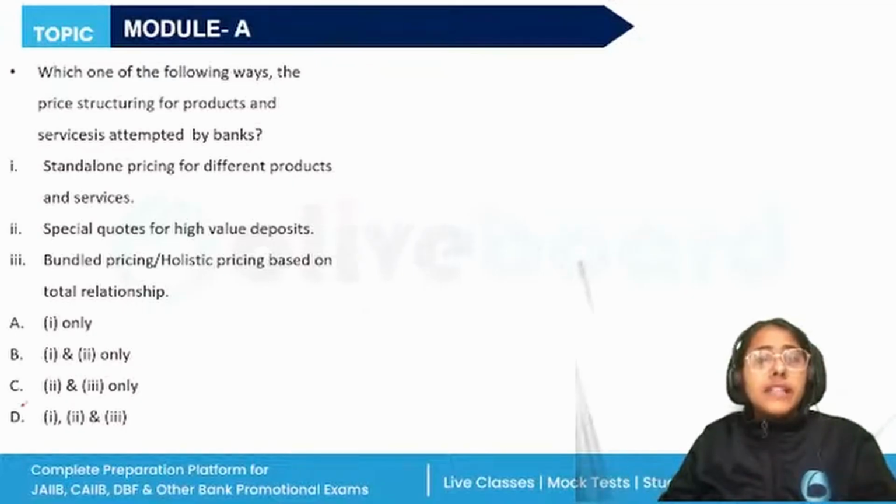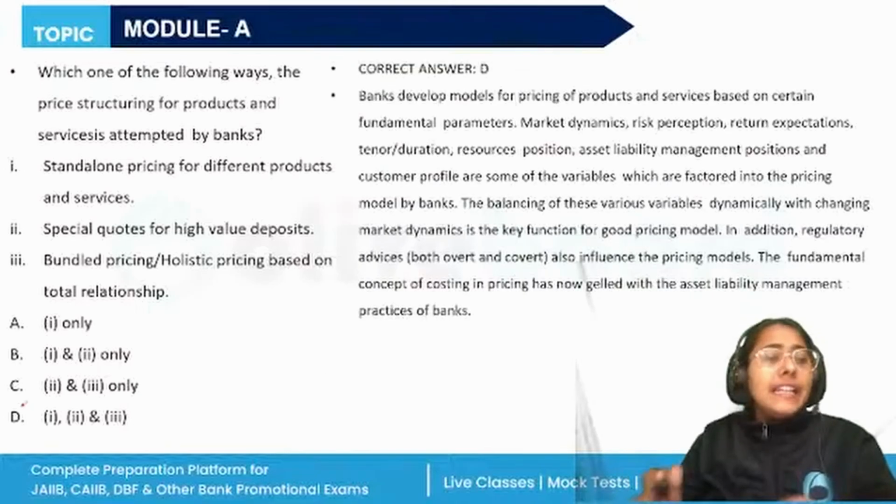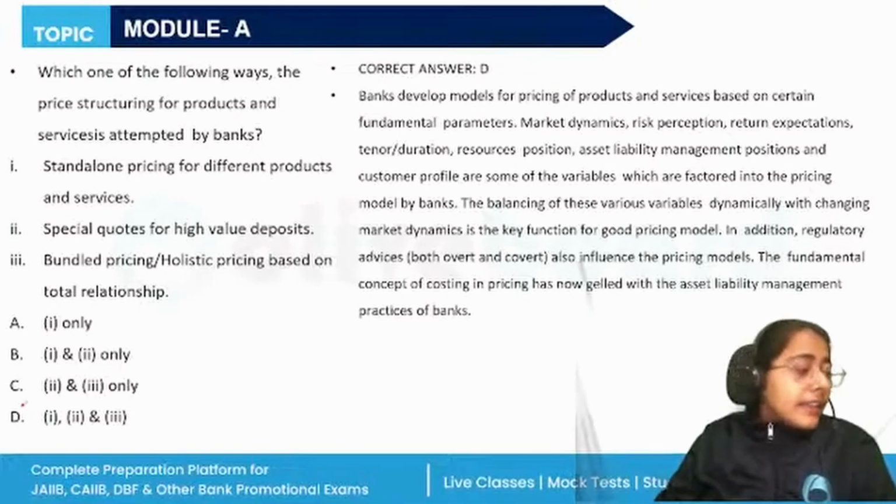So the price structuring for the products and services followed by the banks can be any of the above. Either the banks can use standalone pricing, which will be the horizontally organized, special codes for the high value, which will be the predominantly organized, or bundled pricing, which will be the vertically organized.